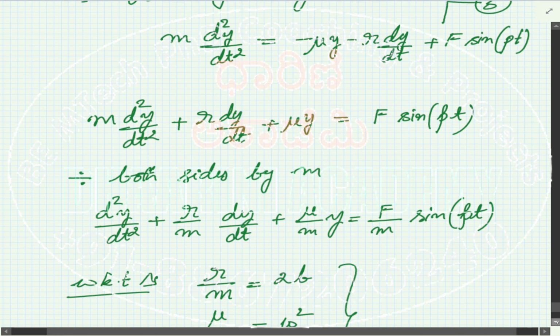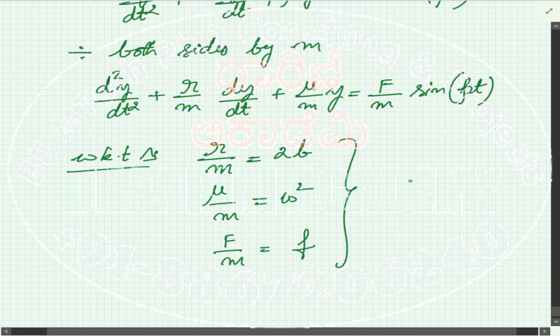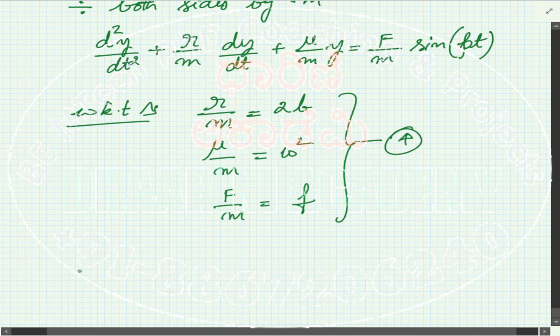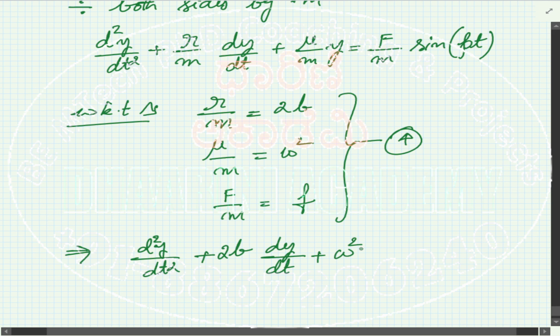Okay, and we call this set of equations number 4, and substitute 4 in the above equation. So this implies d square y by dt square plus 2b into dy by dt plus omega square times y becoming equal to f into sine of pt.